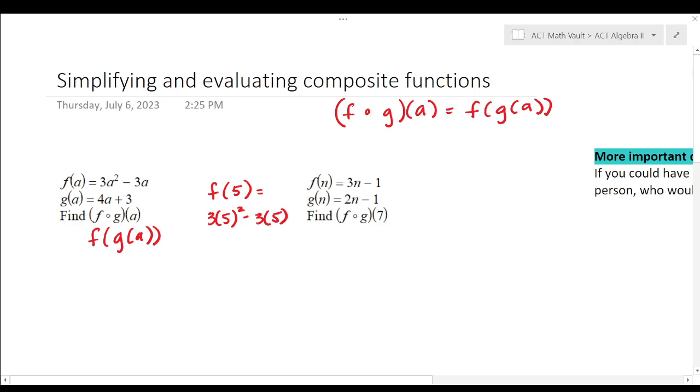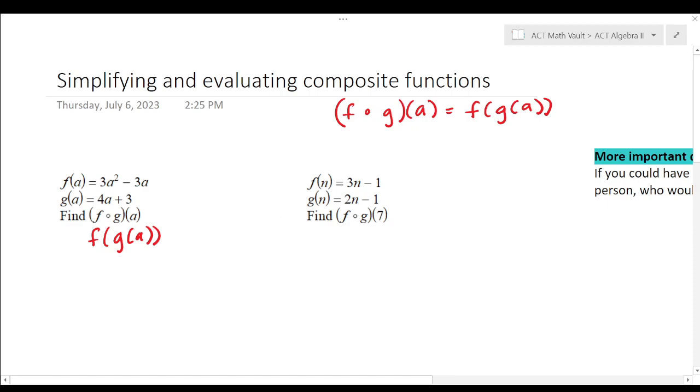You just insert a 5 wherever you see an a. That's evaluating a function. So let's do another little practice. What's g of 2? This one's easier to do in our heads. 4 times 2 plus 3, which is 8 plus 3, which is 11. So g of 2 is 11.